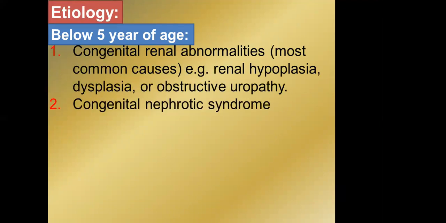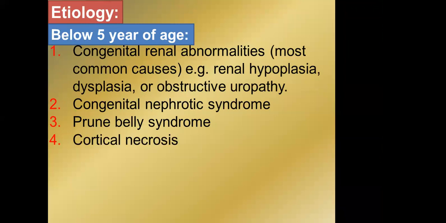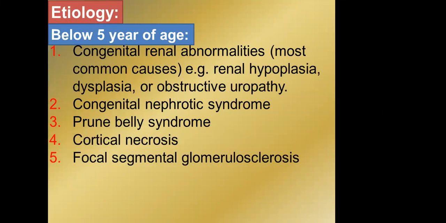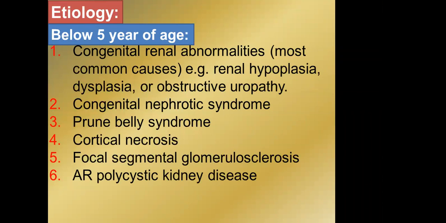The second causes in children below 5 years are congenital nephrotic syndrome, as we discussed, or Brown-Pillay syndrome, or cortical necrosis, or focal segmental glomerulosclerosis, and autosomal recessive polycystic kidney disease.